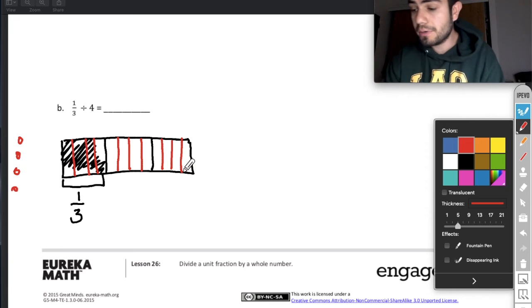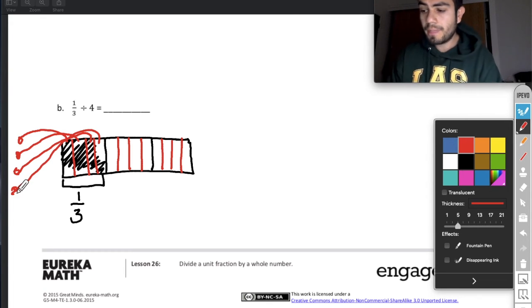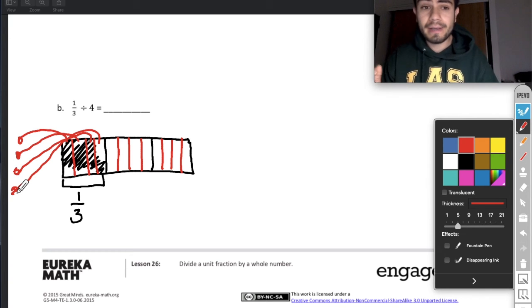Okay, now you can share it equally like this. Like that. That person gets that. That person gets that. And this person will get that. And again, you're only going to be sharing the part that is shaded in, which in this case, it's 1/3.